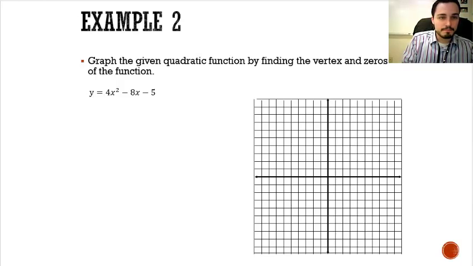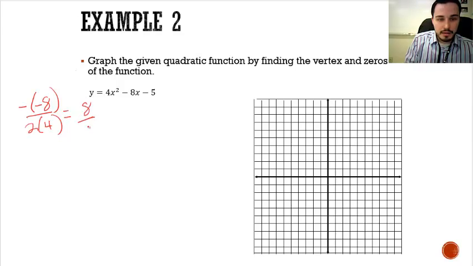Okay. So this time a little bit different because we've got an a value that's not 1. So I got to multiply 4 times negative 5. Wait, hold on, I'm getting ahead of myself for factoring. Let's find the vertex first. So negative b, which is negative 8, over 2 times a. Double negative ends up being positive 8 over positive 8, which again is 1.